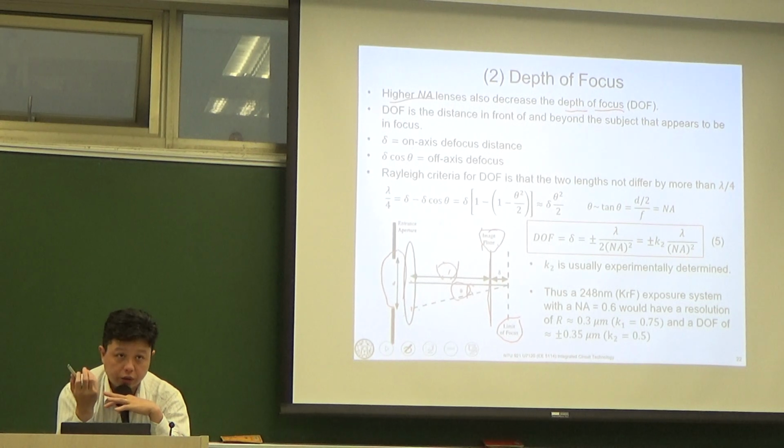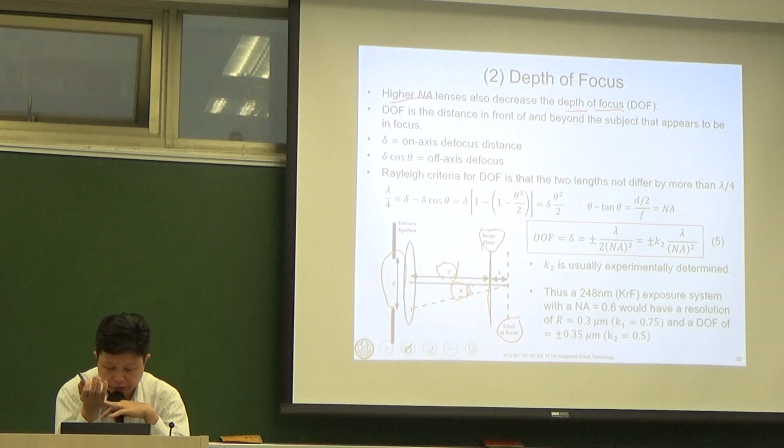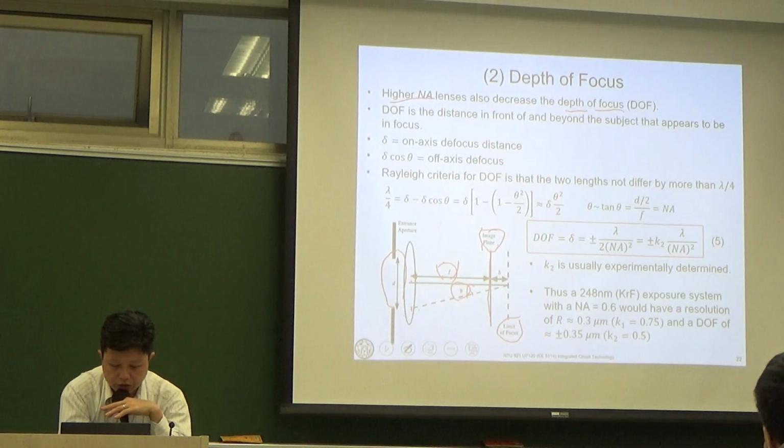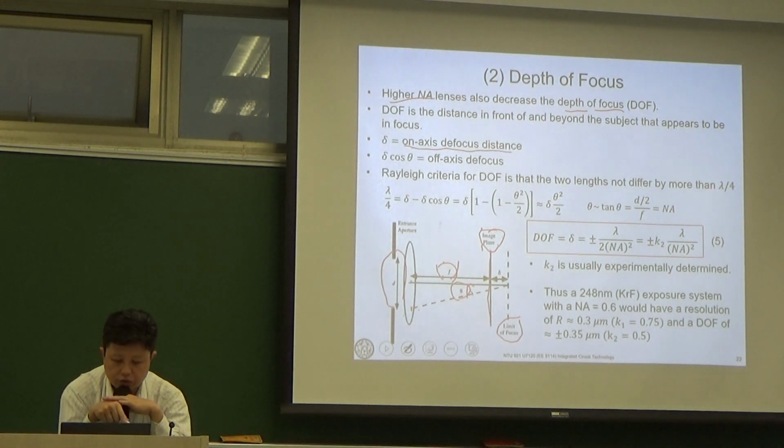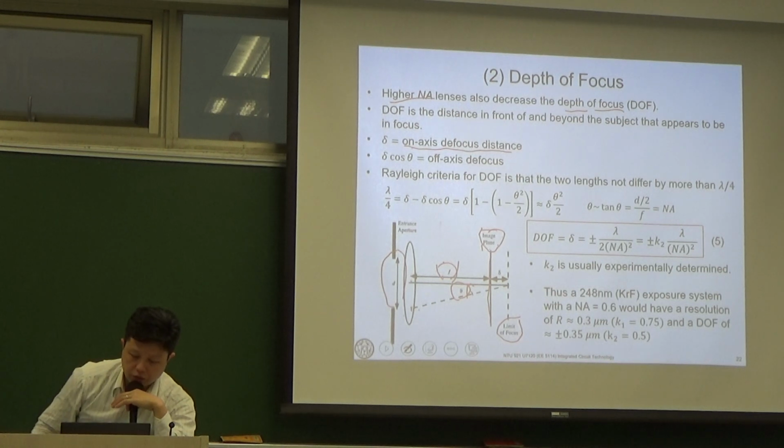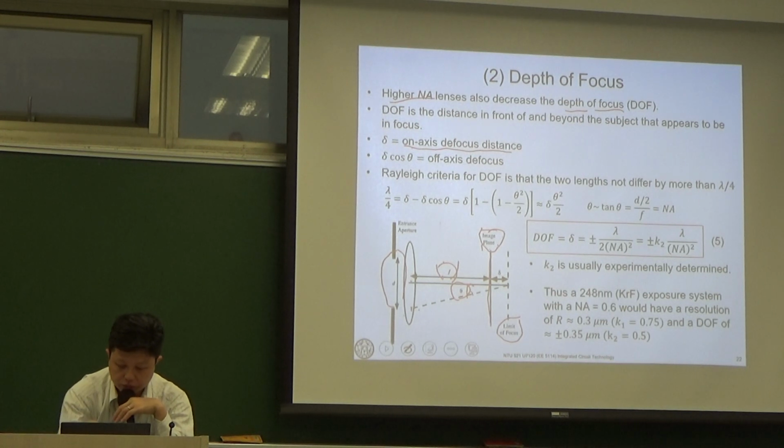We cannot get a clear image on our image plane. This is the on-axis defocus distance, delta. With theta here, delta times the cosine theta is the distance here.